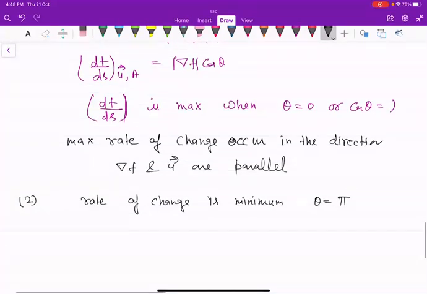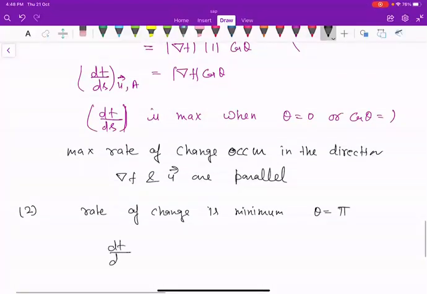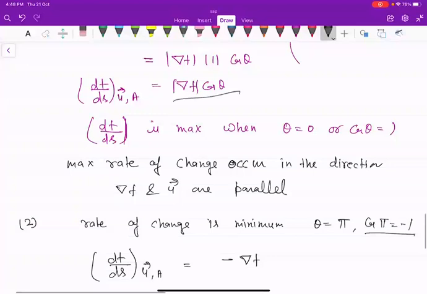So what will be the value? We can say df ds in this case equals minus mod del f, that means cos pi equals minus 1. Okay, so we are just putting the value here.